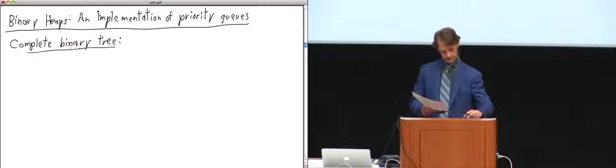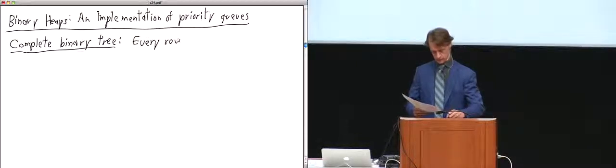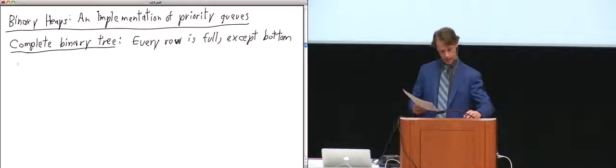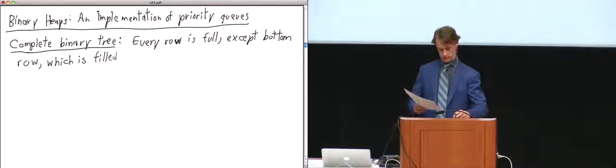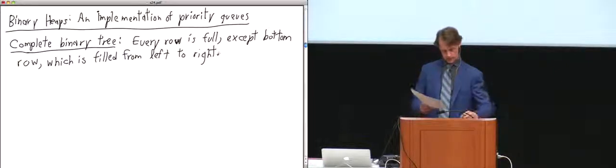A complete binary tree is a binary tree in which every row is full, except possibly the bottom row. And if the bottom row is not full, well, at least it's filled in from left to right. So here's an example of a complete binary tree.